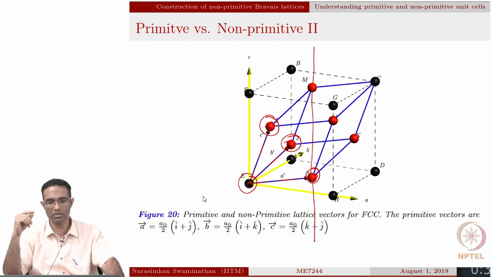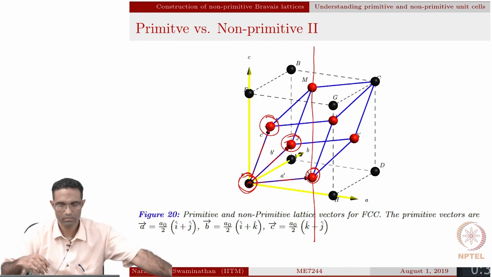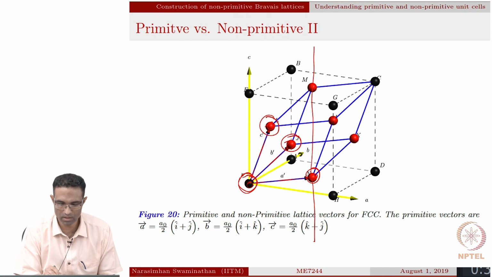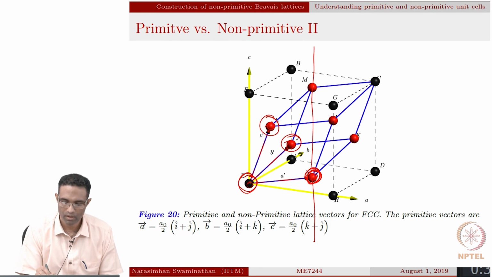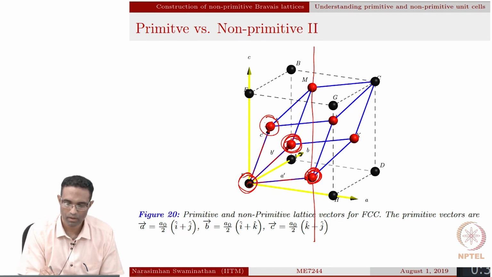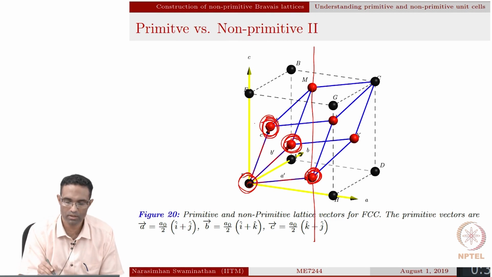So let us go back to this diagram here. This is one of the bases, 0, 0, 0 will be one of the basis atoms. This will be the other basis, this will be the other basis, and this will be the other basis.